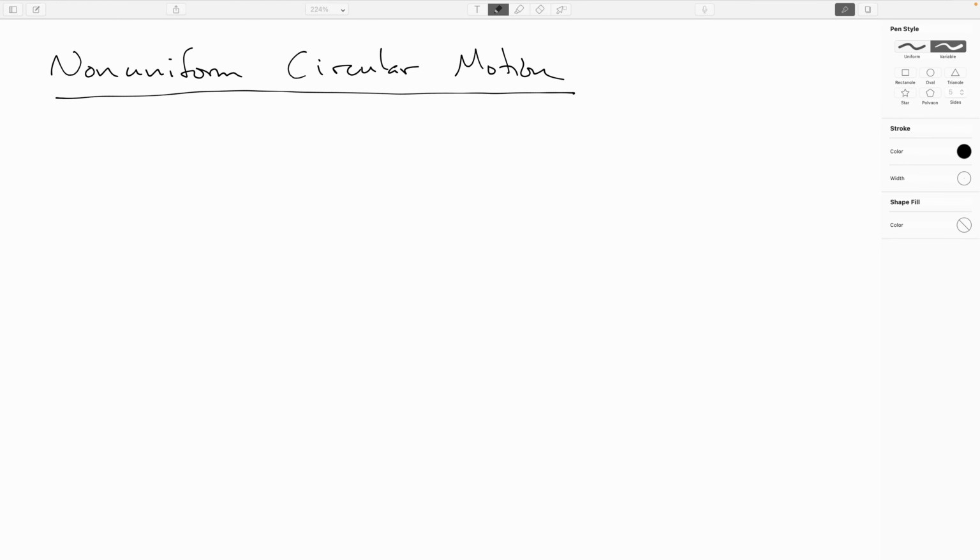So far, as we've been taking a look at circular motion, we've been concerning ourselves with uniform circular motion, which is where the object is going around in a circle at a constant speed. But what if it's not? We'll just look at a higher level overview here to get a bit of a feel for it.